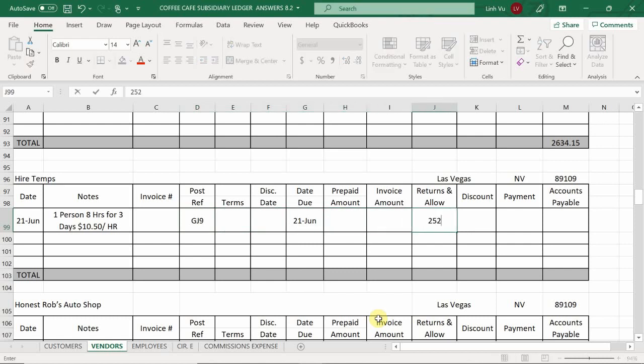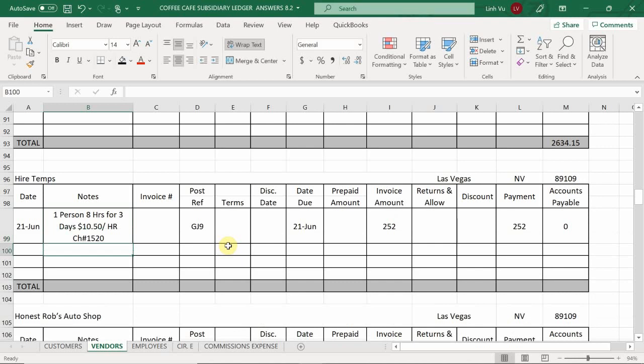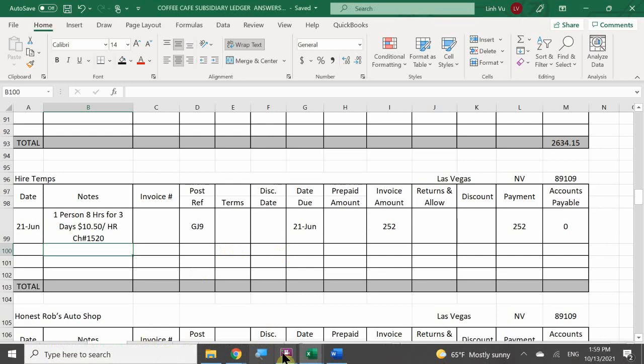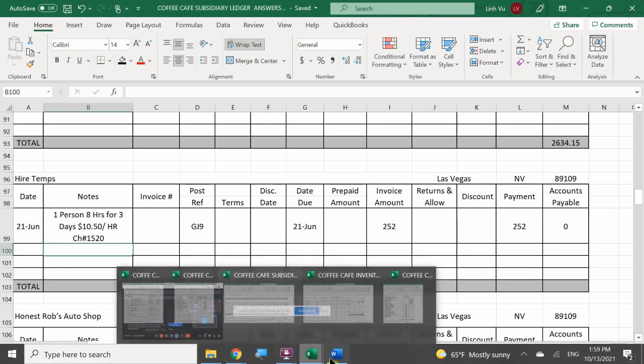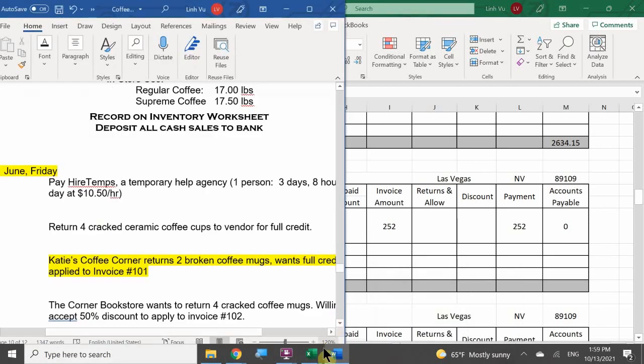So just the payment, 252. How did we pay? What check number did we use? 1520. Good. And that's all. That's it for that one.